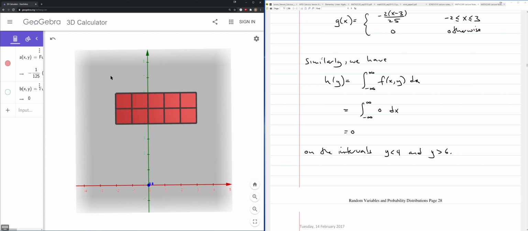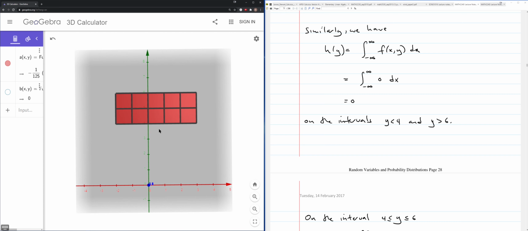So if I'm integrating 0 along the x direction for all x values, I'm just going to get 0. So the marginal of y is equal to 0 for all values of y less than 4 and all values of y bigger than 6.